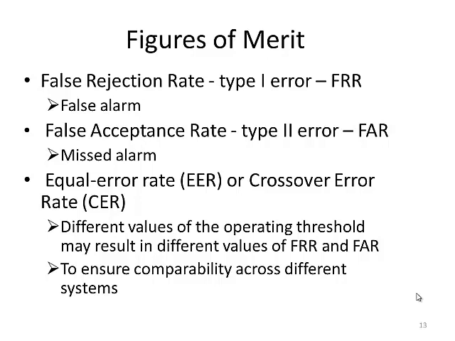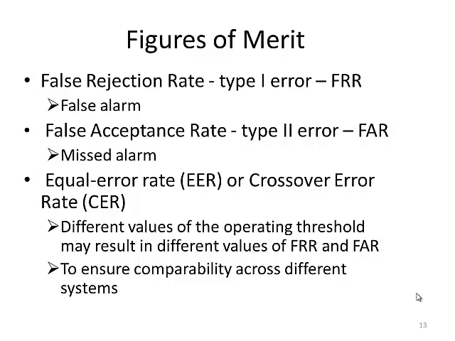So how will you know that the model is good? We have different error rates so that we can calculate the accuracy and the error in the model. Using these rates, we can say how good a model is. The first one is the false rejection rate, where the person is the right person but is still rejected.